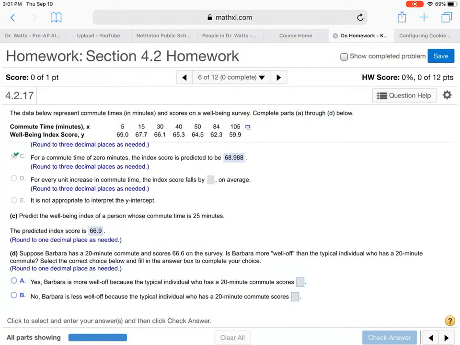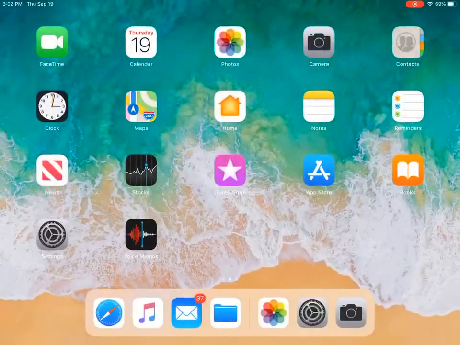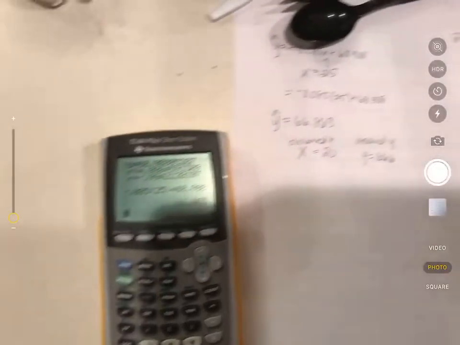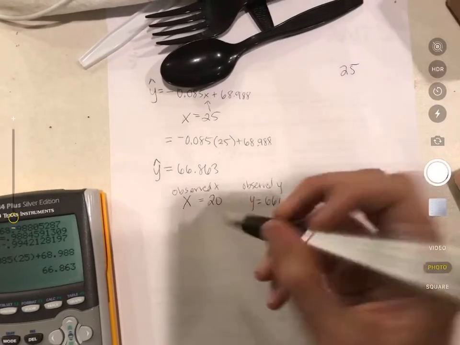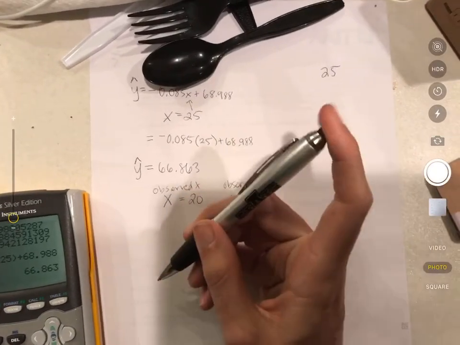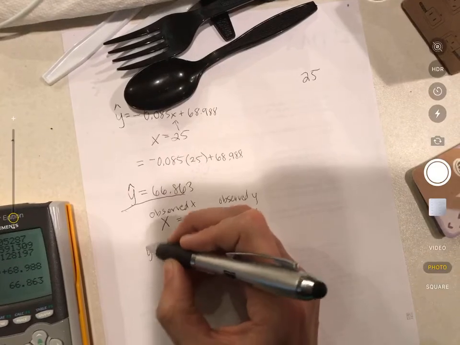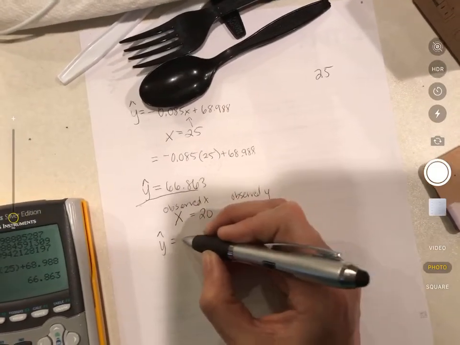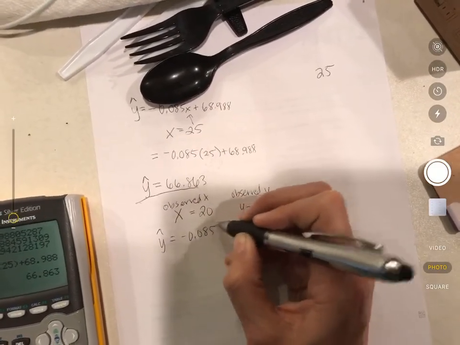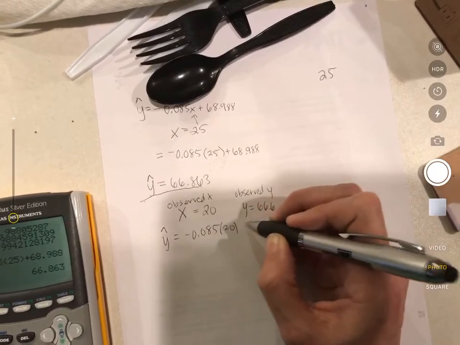Okay, so we want to know, is Barbara more well off than the typical individual who has a 20-minute commute? So what we want to know is, what does the line predict for a 20-minute commute? So what does y hat say about a 20-minute commute? Y hat for a 20-minute commute.